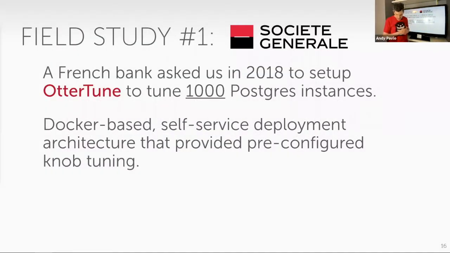This French bank reached out to us and told us that they had 1,000 Postgres installations running in their self-provisioned deployment environment in their data center in Paris, and they wanted to use OtterTune to tune them. The way it worked was you would go to their internal IT website and say, I want a Postgres database. Click how much RAM or CPU you want, click go, and then it would spin it up for you. So they had this giant fleet of Postgres databases, and they wanted us to tune it.